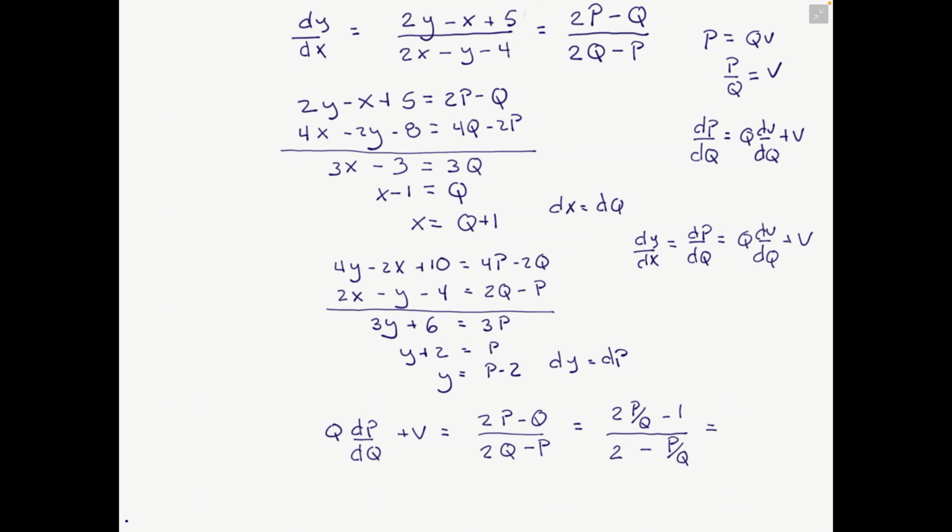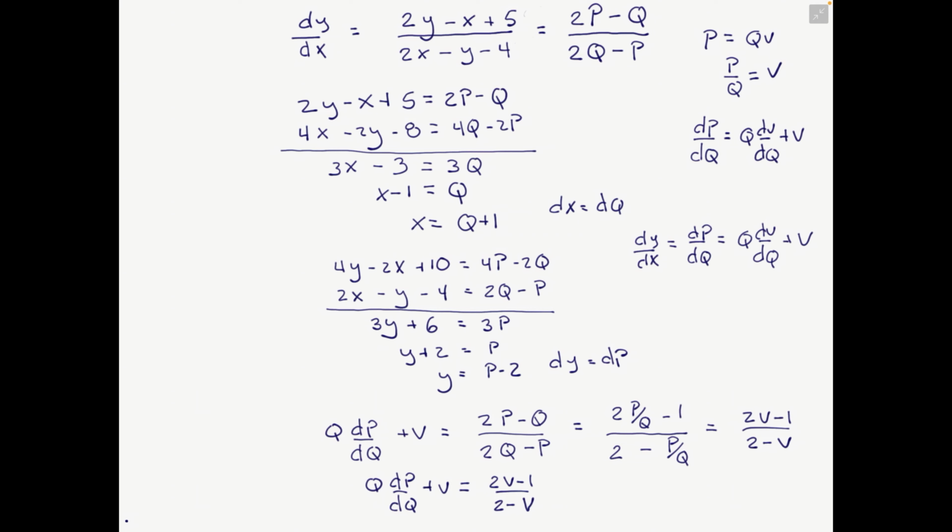And that then is equal to 2v minus 1 on 2 minus v. So, there we go. We have the differential equation, q dp dq plus v equals 2v minus 1 over 2 minus v.